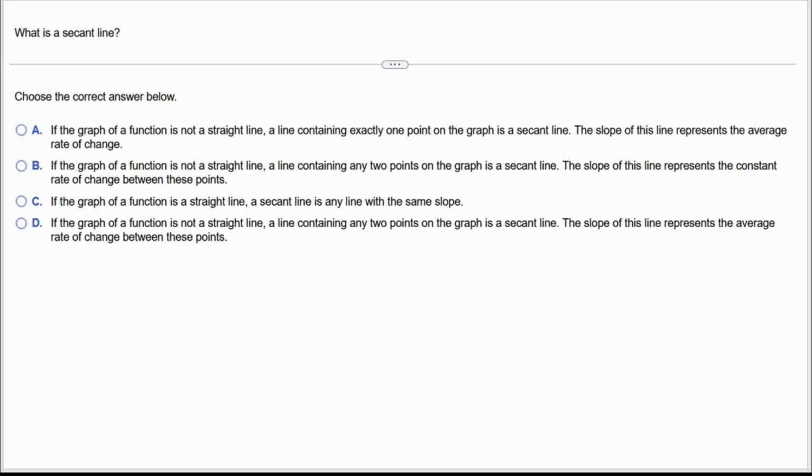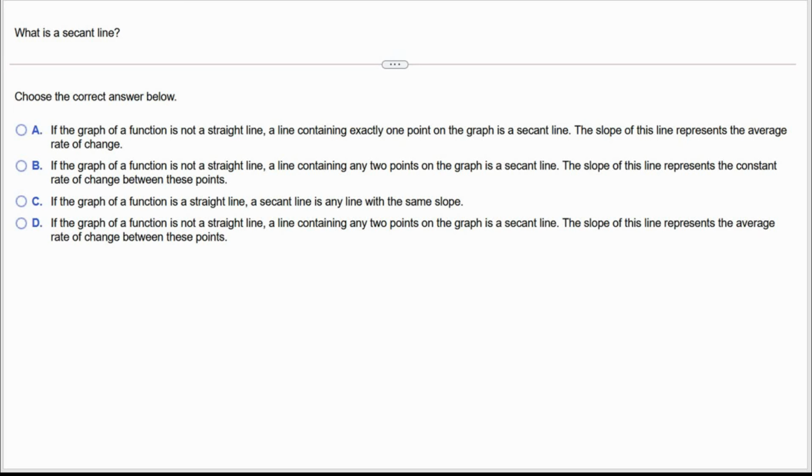What is a secant line? We talked about that when I first came in. Were you listening? If I'm going to come and do this talking and teaching and you're not listening, then what's the whole point? Really, just stay home. I'll just put videos on the computer and you all just watch them.